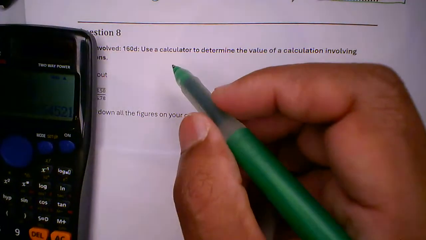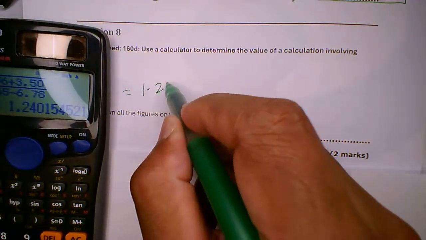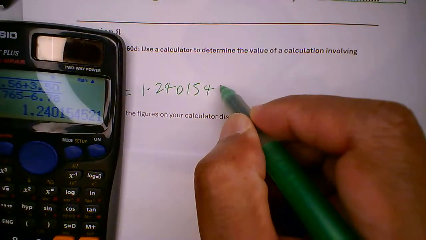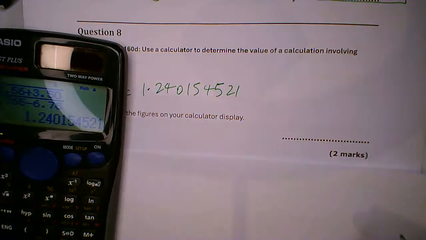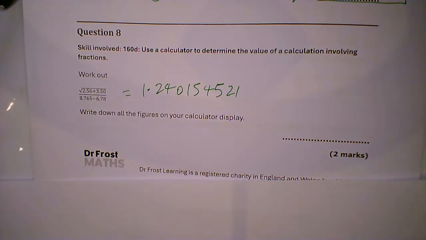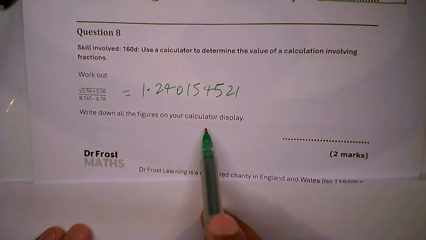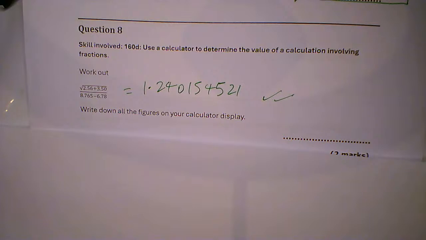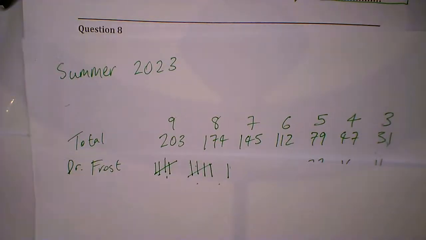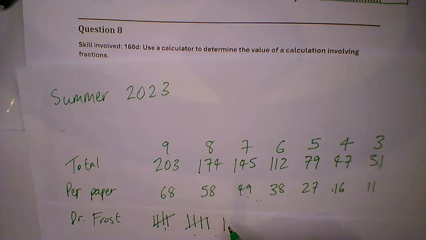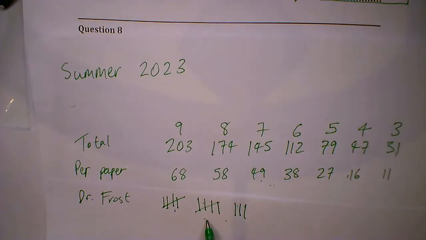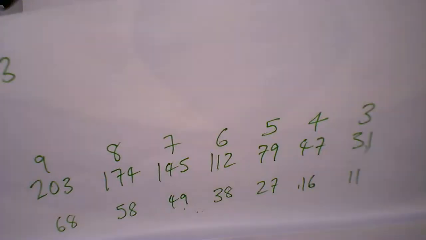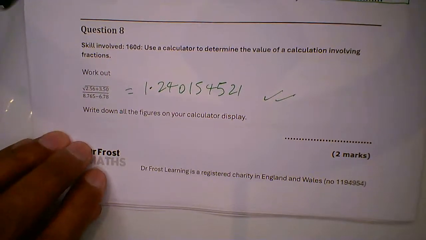Write out all the digits. 1.240154521, and the question says write all the digits, and that's it. So that's our 2 marks. Let's add that to our tally. One, two, so we've got 5, 10, 13 marks. Let's go to the next question.